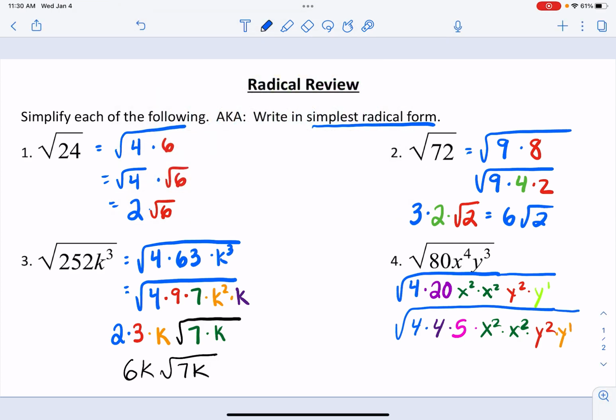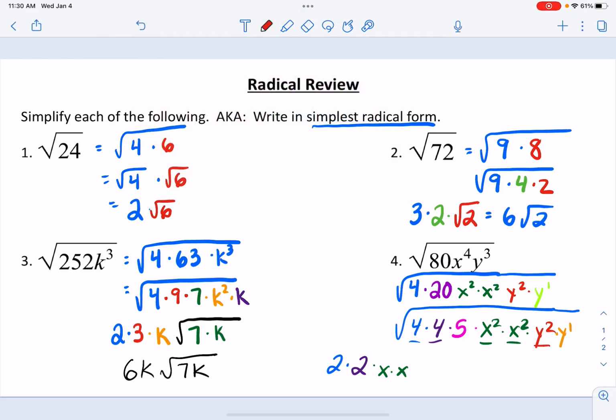Okay, so this 4 gets broken out and becomes a 2 outside. That 4 that's kind of a purplish color, this 4 gets broken out and becomes a 2 outside. Each one of these x squareds gets broken out into an x times an x.